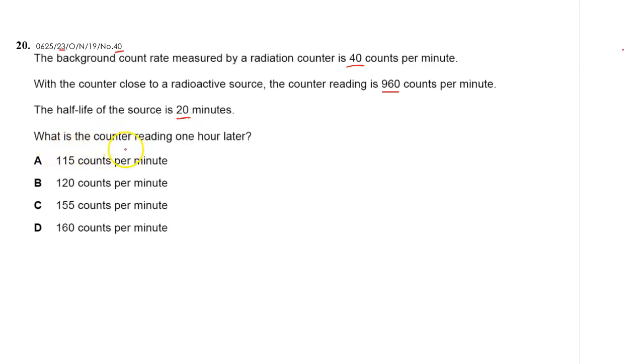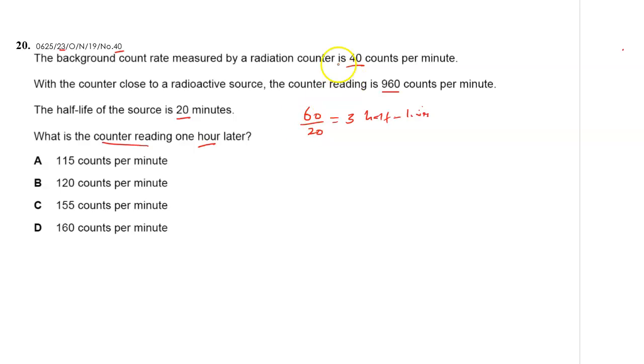What is the counter reading 1 hour later? 1 hour is 60 minutes. When you divide by 20 minutes, you get 3. So this is going to be 3 half-lives. That's what we'll be considering.